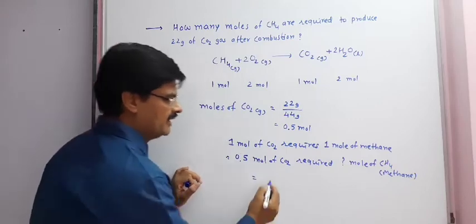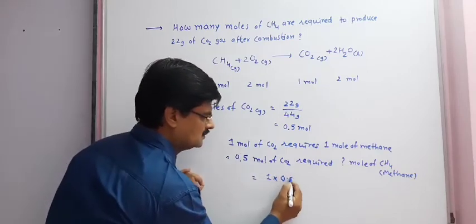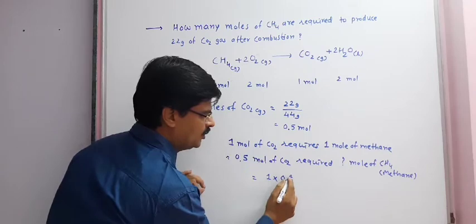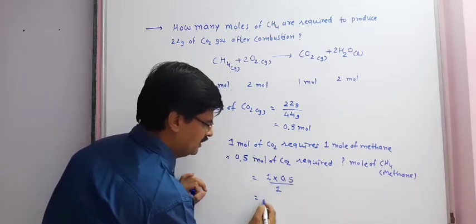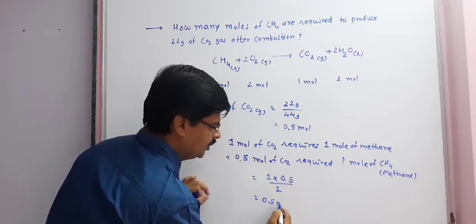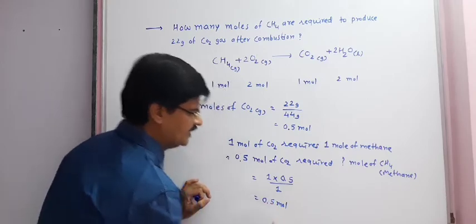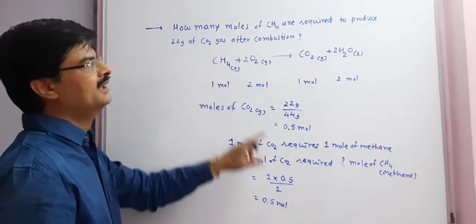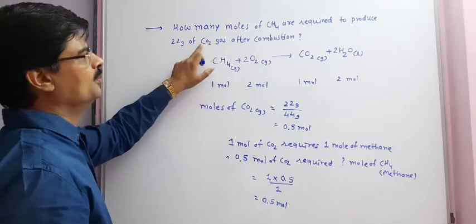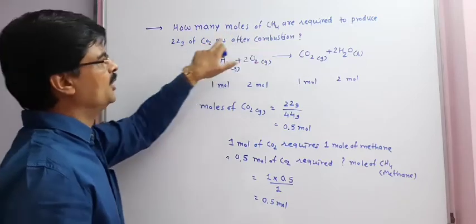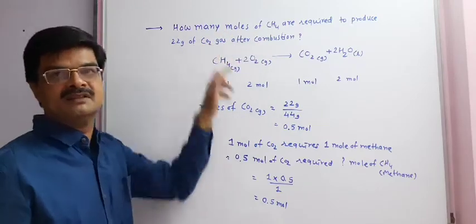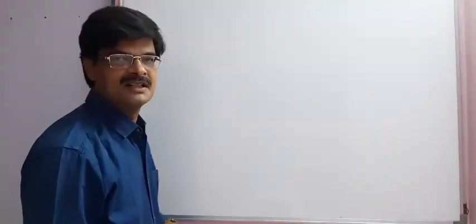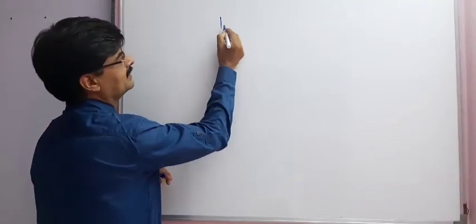From calculation we will get 1 into 0.5 divided by 1, so 0.5 mole. So we can say 0.5 mole of methane is required to produce 22 gram of CO2 gas. Now we will study limiting reagent.